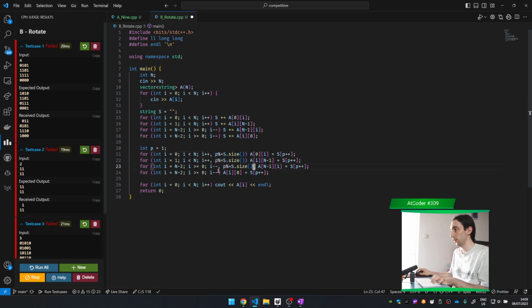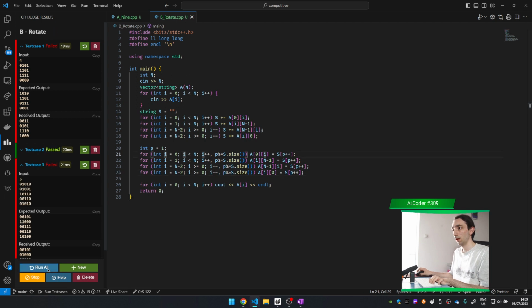So after the iteration, I will just modulo p with the size. What is happening here? Yeah, that is correct. Now let me see just the indices.